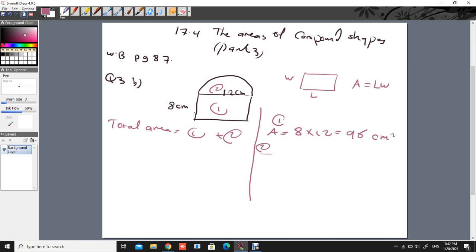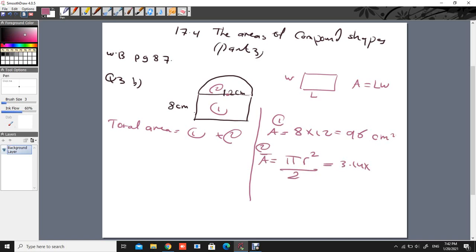Now for number 2, it's a semicircle. First of all, find the area of a full circle, then divide by 2. So here the area for number 2 equals pi r squared, then divide the result by 2. So 3.14. Here the radius, look, this is the diameter. Diameter is 12.